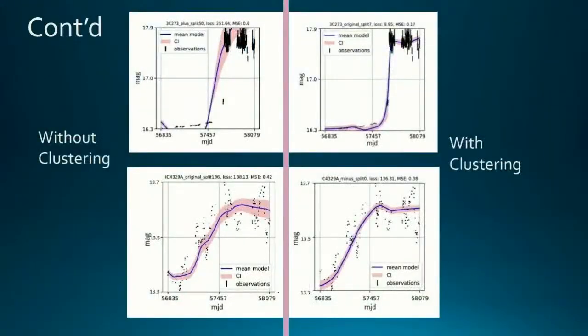And here are some more examples of the result. Again, left side plots are without clustering, and the right hand plots are after separating the data samples into clusters. And obviously, the results of the applied neural processes, the QNPy package, are much better.